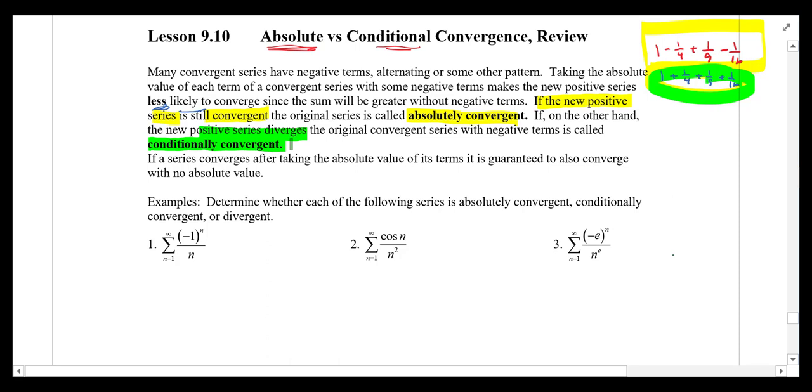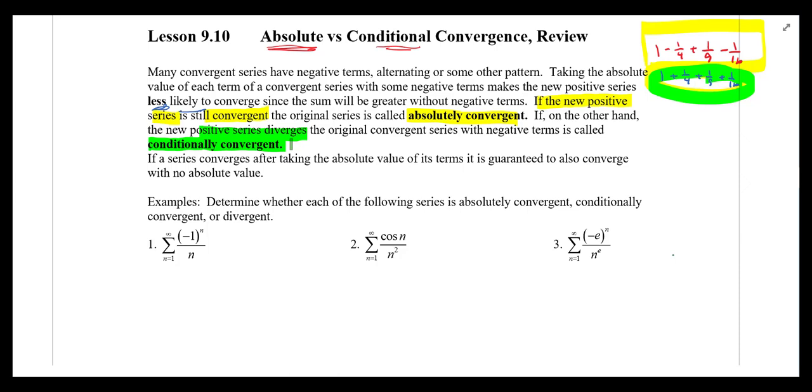So if a series converges after taking the absolute value of its terms, it is guaranteed to also converge with no absolute value. So I have 3 examples here, and I want you to just tell me if each of the following series is absolutely convergent, conditionally convergent, or, of course, divergent.